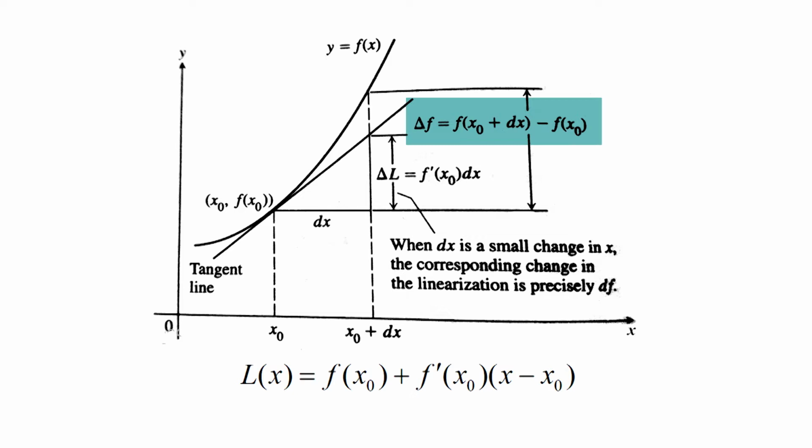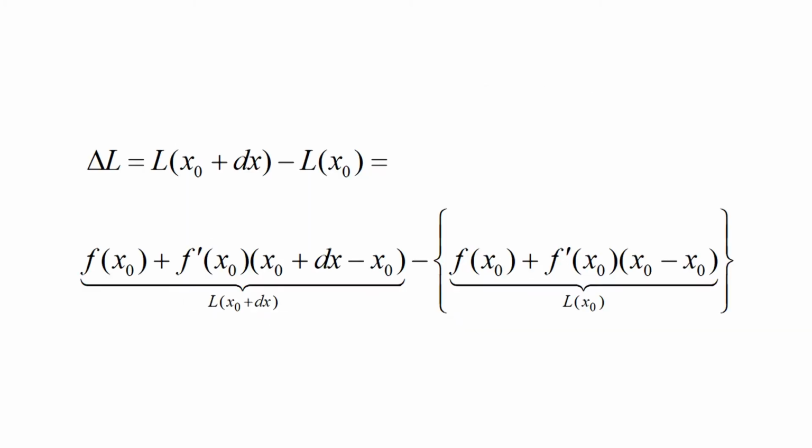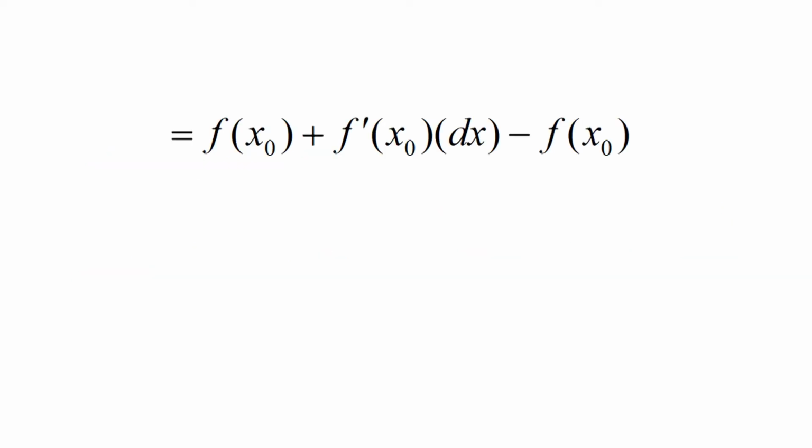The corresponding change in L is delta L is equal to L of x naught plus dx minus L of x naught, which is equal to f of x naught plus f prime of x naught times x naught plus dx minus x naught, we call it L of x naught plus dx, minus f of x naught plus f prime x naught times x naught minus x naught, we call it L of x naught, which is equal to f of x naught plus f prime of x naught times dx minus f of x naught, which is equal to f prime of x naught dx.